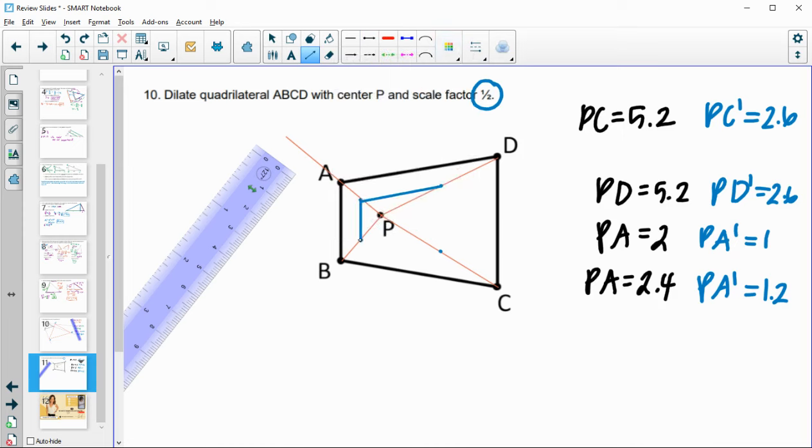And then again, each of those sides should be parallel to their original side, and that shape should be half the size. And then just make sure that you label those. And then you're done.